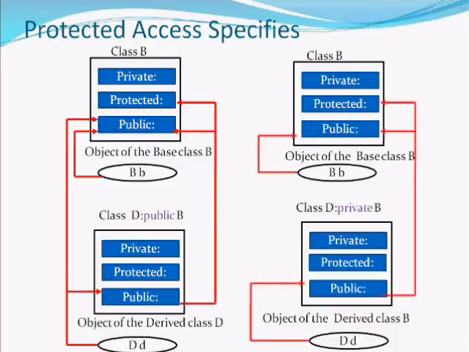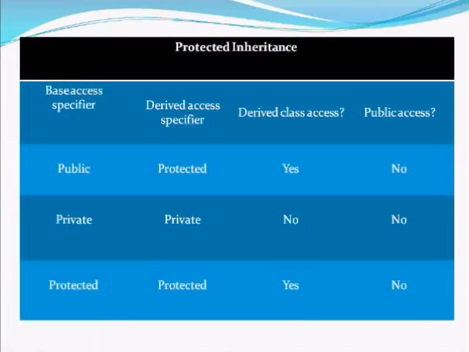The members declared as protected can be accessed by the member functions within their own class and any other class immediately derived from it. These members cannot be accessed by the functions outside these two classes. Therefore, the objects of the derived class cannot access protected members of the base class.